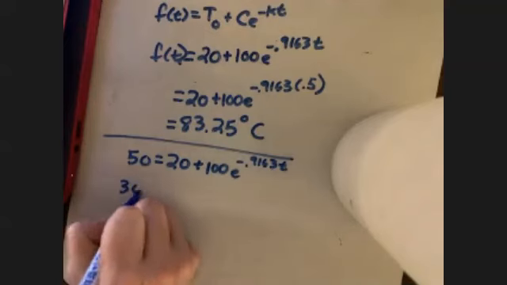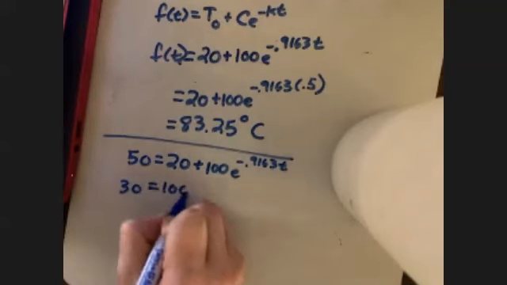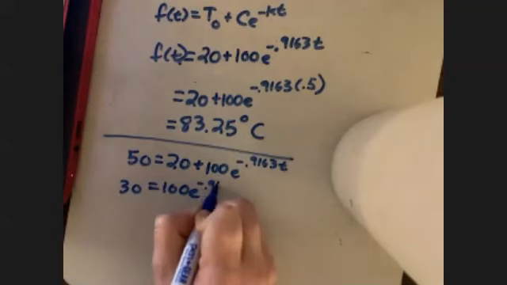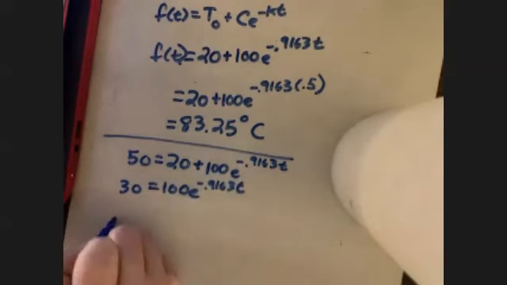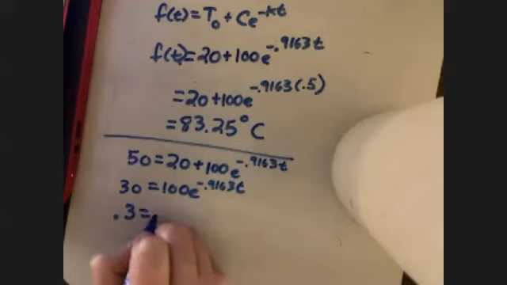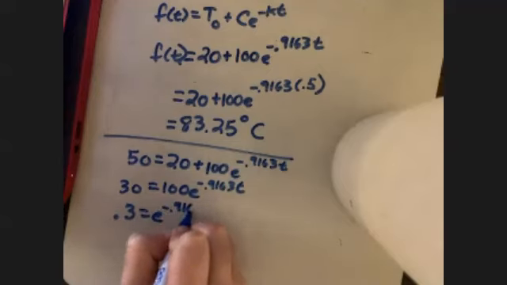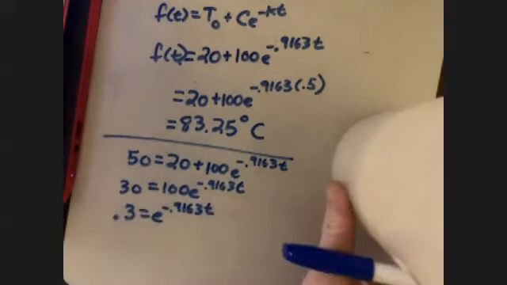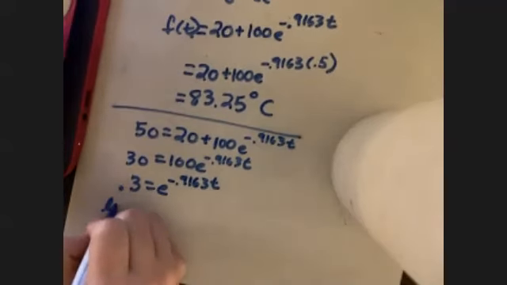So again, we're going to subtract the 20. Divide, that's going to give me 0.3. I'm going to bring natural log in.